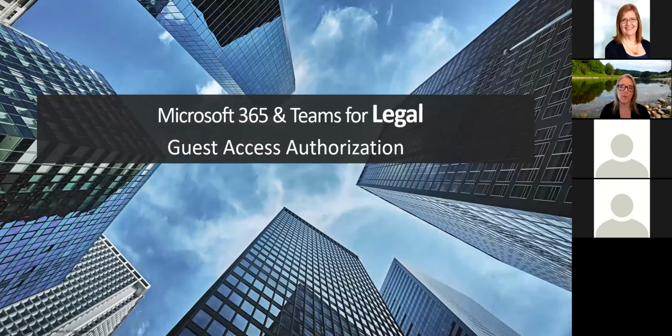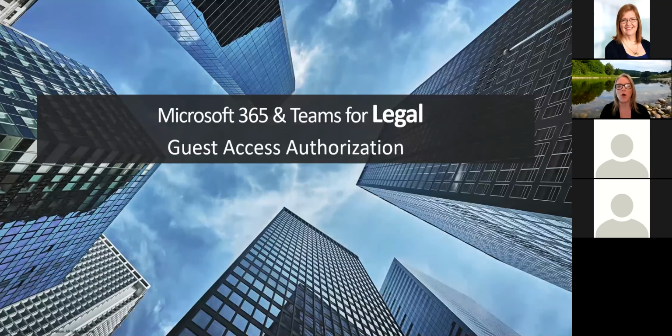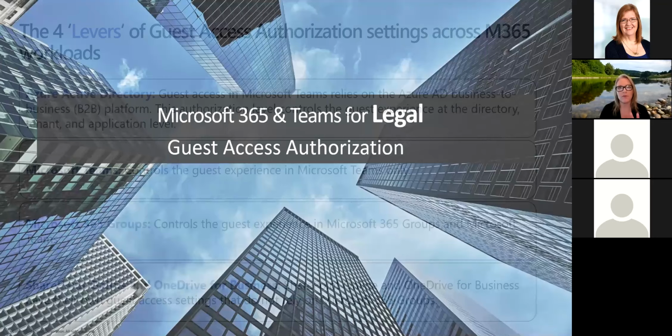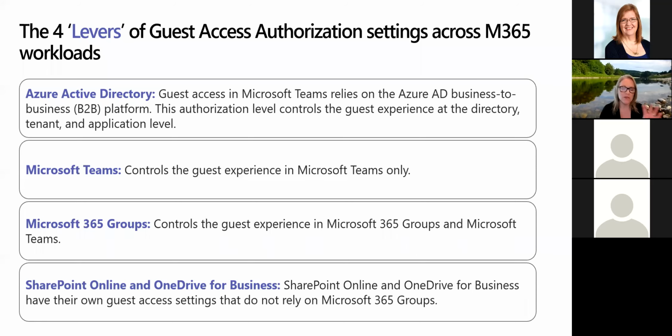So let's go ahead and talk about authorization. I'm going to talk to you about how you enable guest access. There are 4 levers, and these levers are how you enable the authorization settings across the M365 workloads. You're doing it in Azure Active Directory because you're creating B2B.